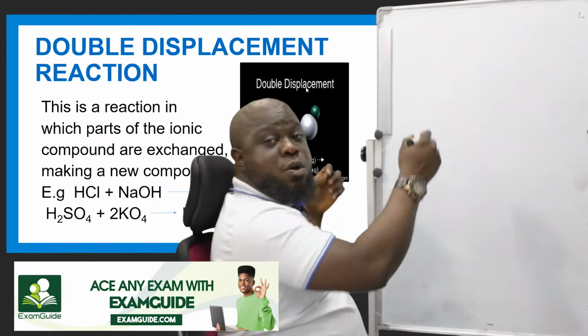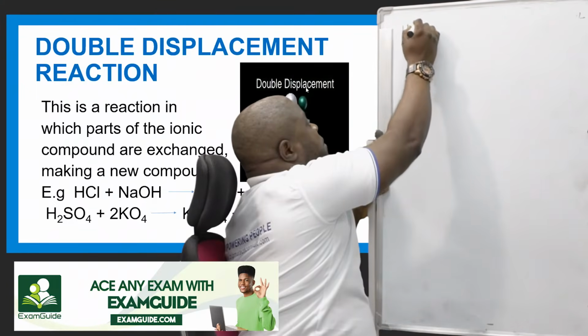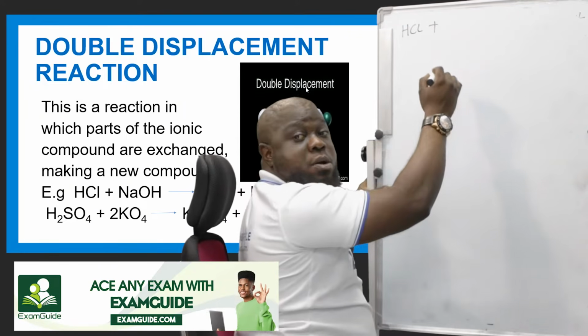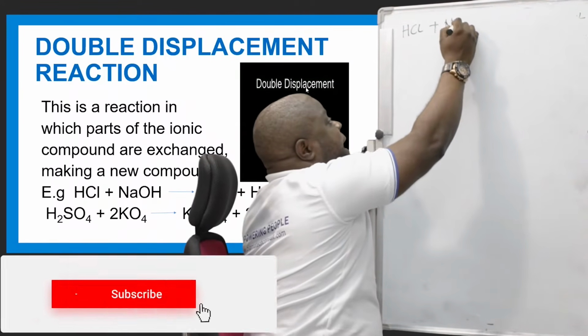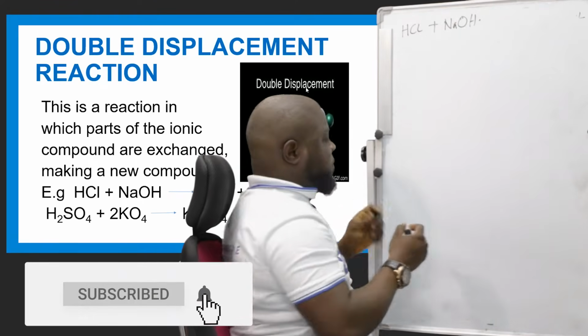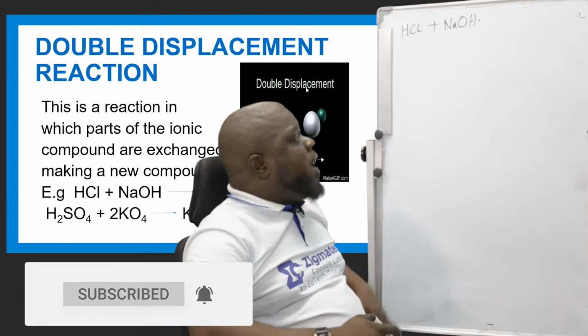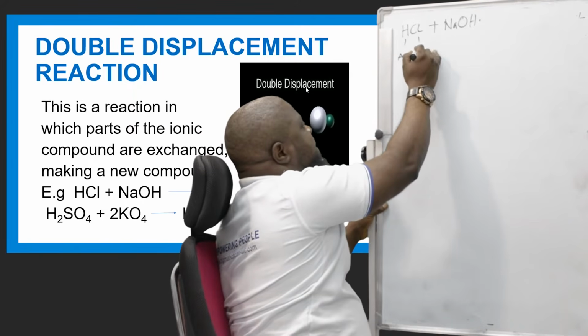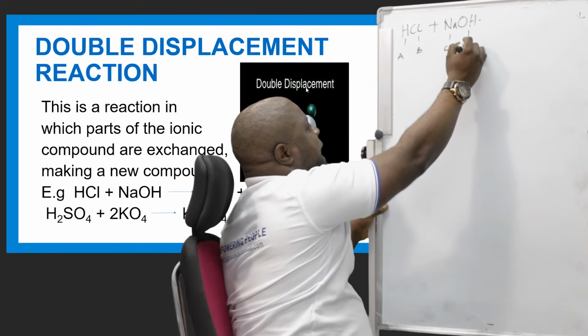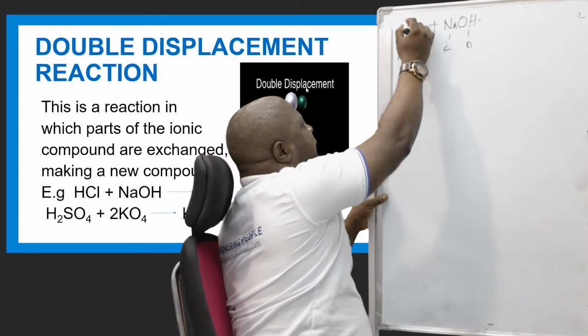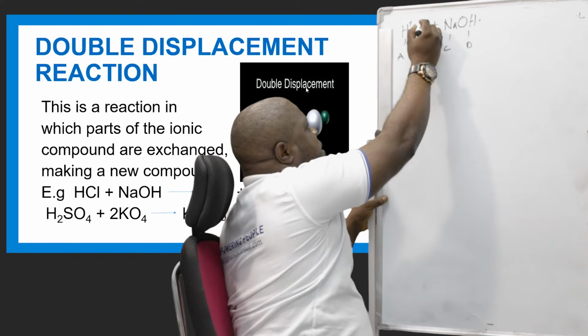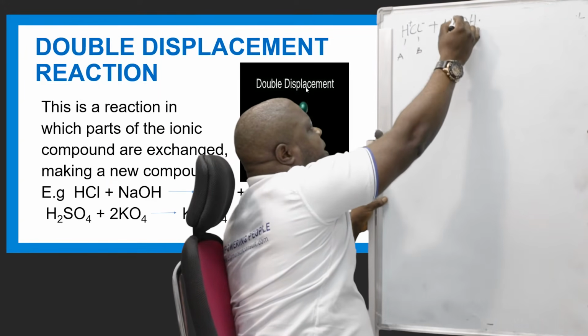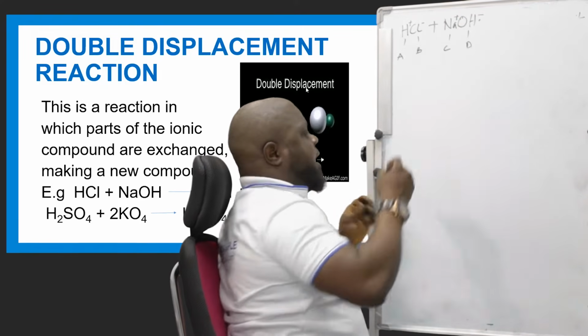Now, they gave us hydrochloric acid, and sodium hydroxide. If you check, the hydrogen is A, the chlorine is B, sodium is C, and hydroxide is D. The hydrogen has a positive sign, the chlorine has a negative, sodium has positive, and hydroxide has a negative.